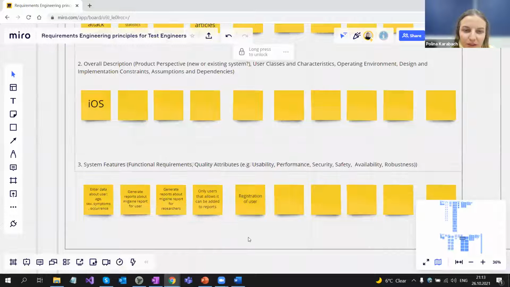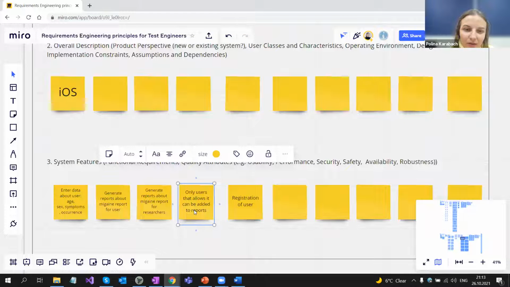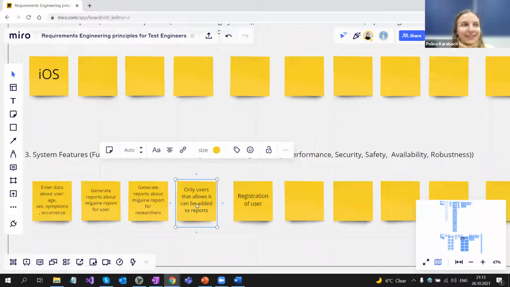So that one, let's think. It sounds like a functionality, first of all, that we want to have, right? So there should be some way for users to indicate this, to accept or deny sharing the data. So it will be a certain feature, but it also comes from quality requirements of security or confidentiality, some regulations.